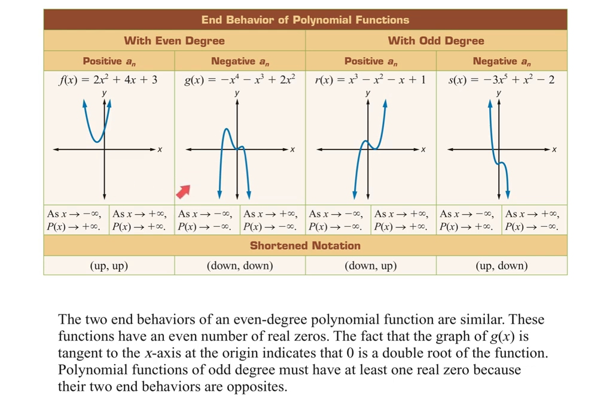The ends went the same direction. So then what tells us whether it's going up or down? Now we're going to look at the leading coefficient. So the number that's right in front of what tells me what degree I am, we're going to look at that. If it's positive and even, both of these ends will go up. If it is negative with an even degree, both of the ends will go down.